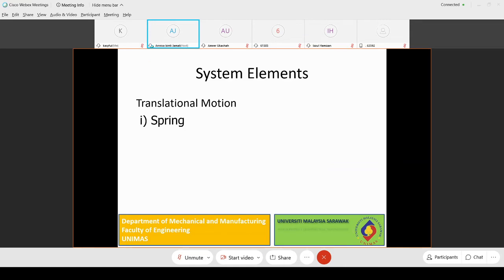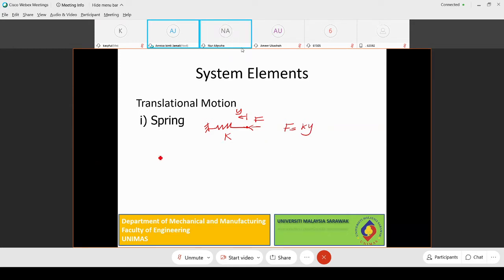Second one, spring. How do we define the force in the spring? Let's say we have a spring here and we push this spring. That means there is a displacement, y, and we have the spring constant K. So the force F equals K y.